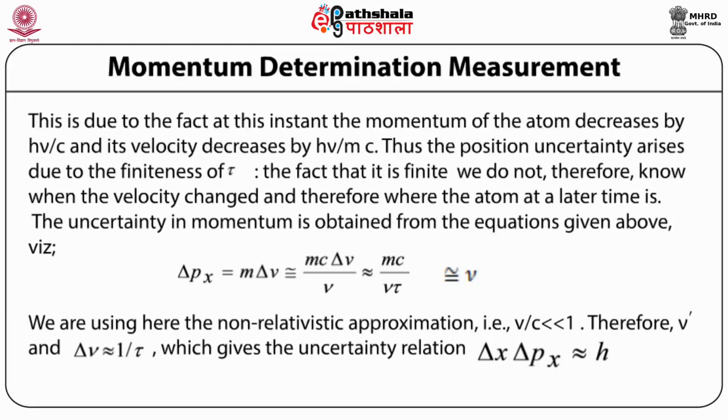In the above equation, m is the mass of the atom, delta v is the uncertainty in exactly determining the velocity of the atom, and tau is the uncertainty in determining the exact instant at which the photon was emitted. Thus, we have that v is approximately equal to mu and that delta v is approximately equal to 1 by tau, which gives the uncertainty relation delta x delta px is approximately equal to h cross.